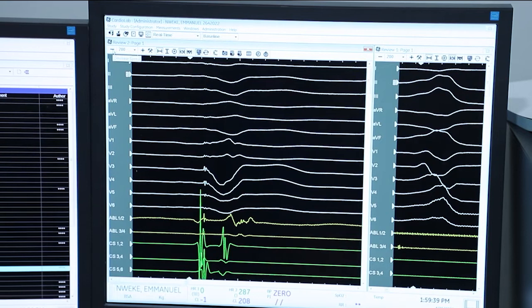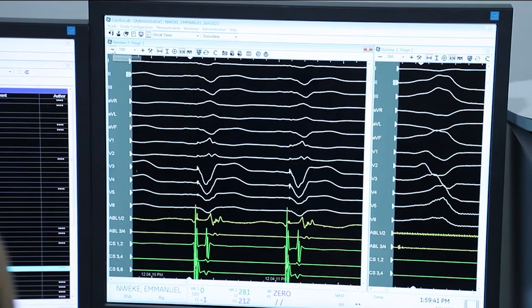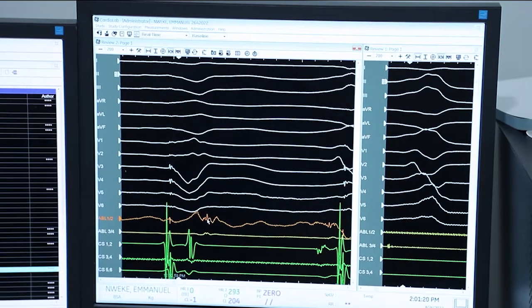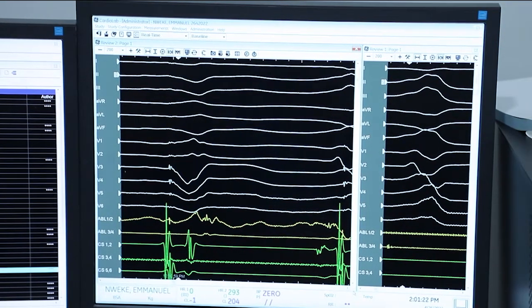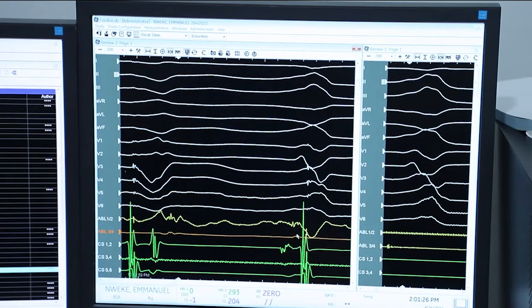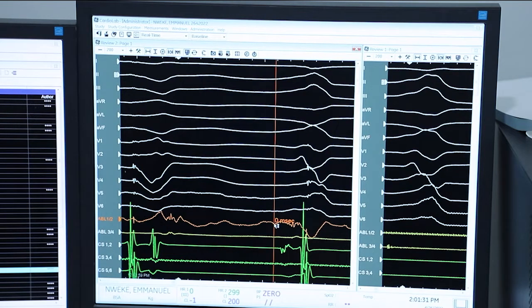During PVCs at such a site of this late potential from the endocardial side, we could see a double potential, one early and pre-systolic, and one late.